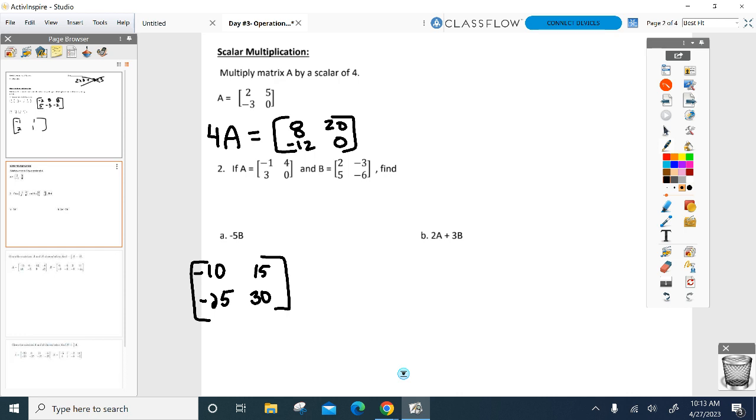Hey, everyone, your order of operations rules still apply. Multiply first, add second. So multiply matrix A by 2, multiply matrix B by 3, and then add those two up at the end. Don't try to add them up first. So do 2 times matrix A first.